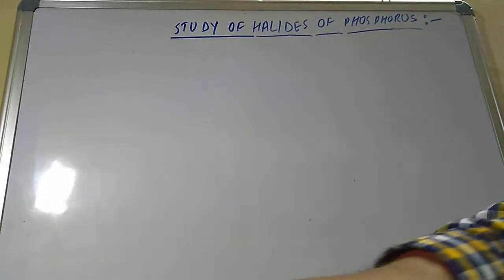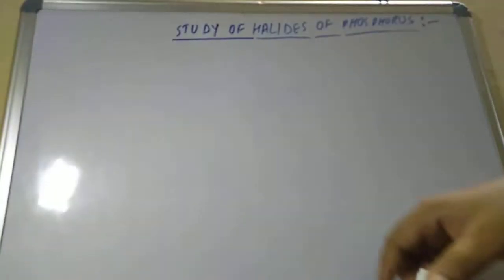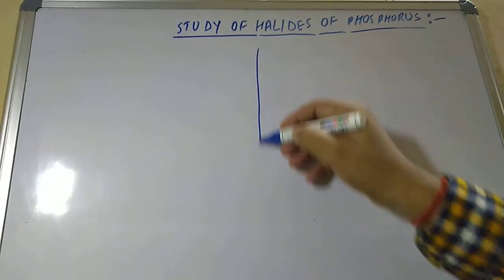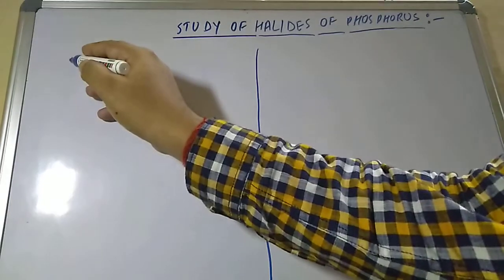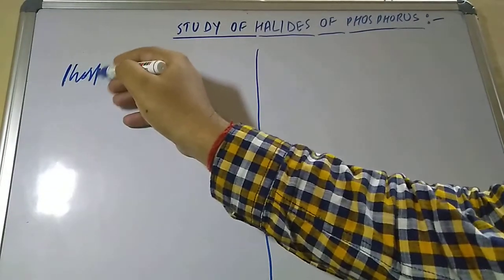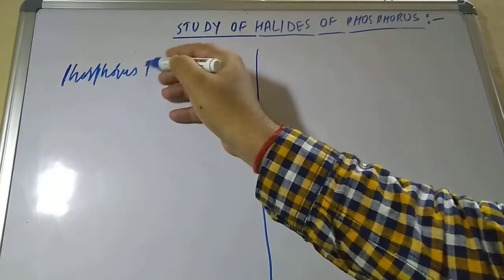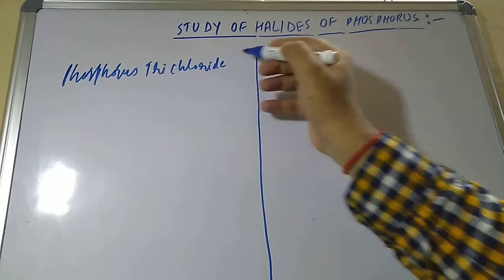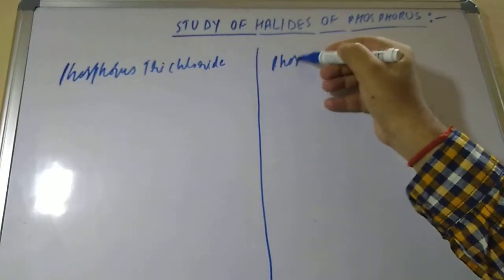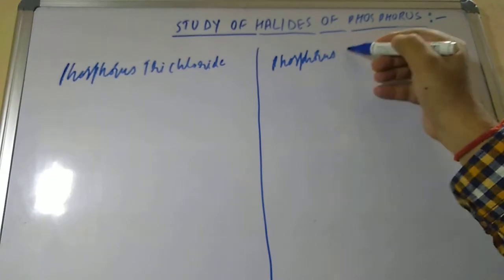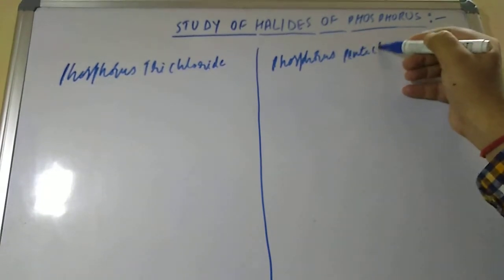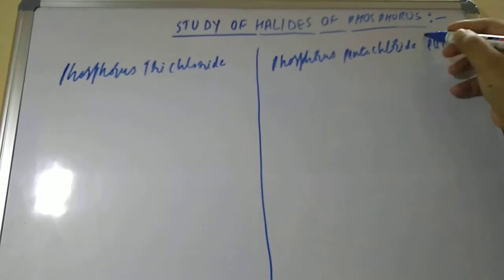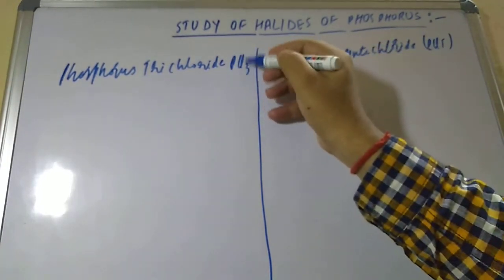So together we are studying these two types of halide. Let us see how to understand them. On one side we are going to study phosphorus trichloride, and on the next side phosphorus pentachloride, PCl5, and on the other side PCl3.